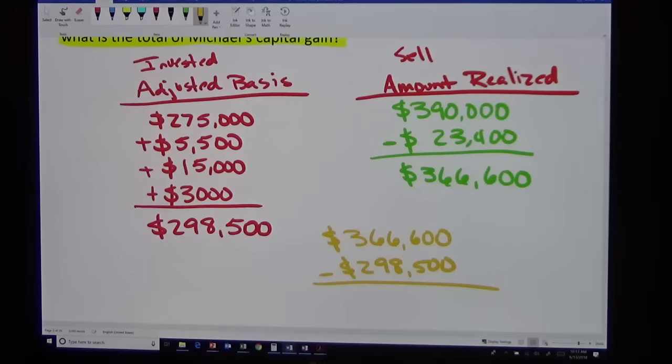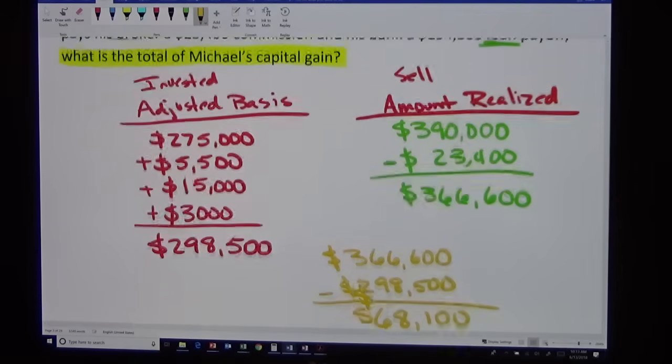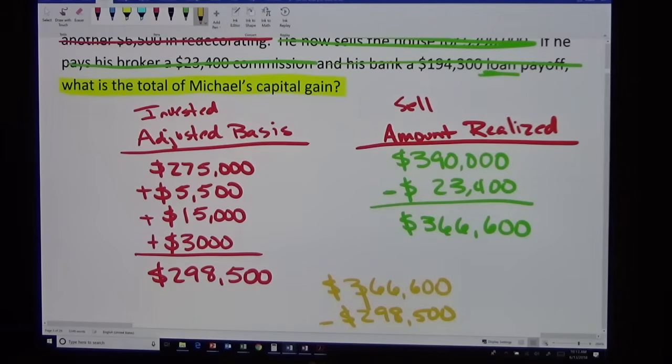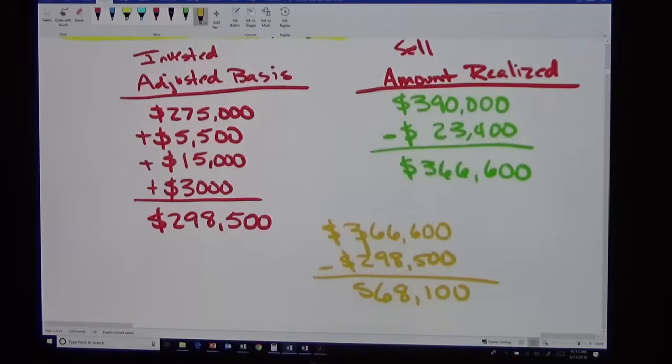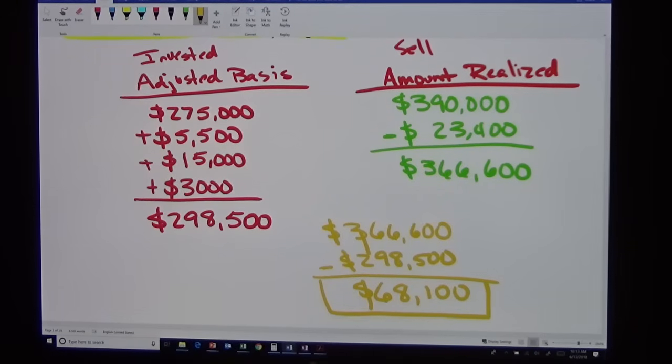And so when we do that, we end up with a capital gain of $68,100. Let's go back and make sure that's what they asked us for. What is the total of his capital gain? That's what they wanted to know. They didn't ask us how much was the capital gains tax. They just want to know what is the capital gain. And the capital gain is $68,100.